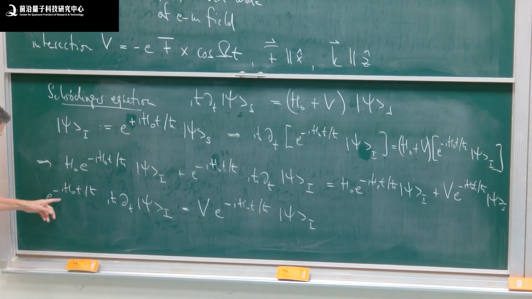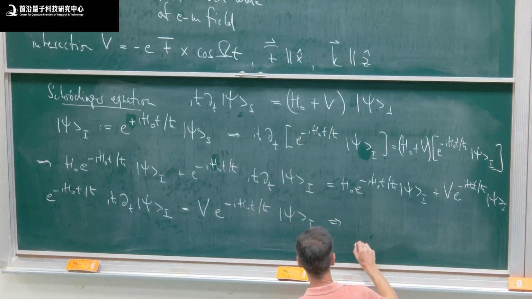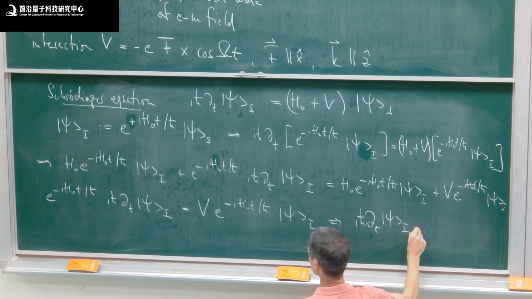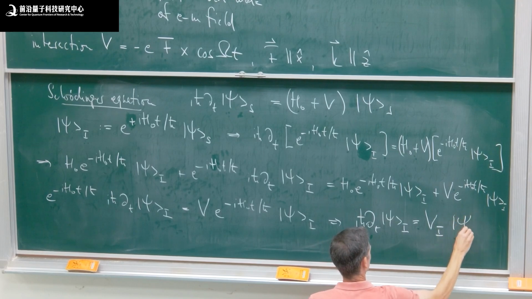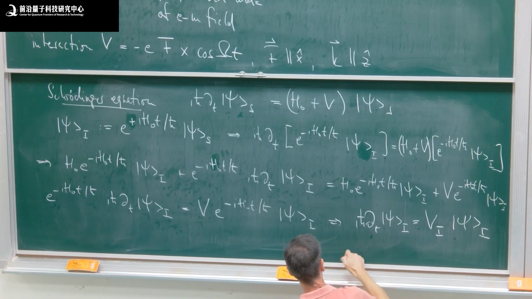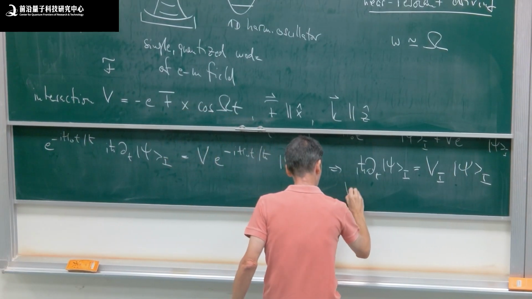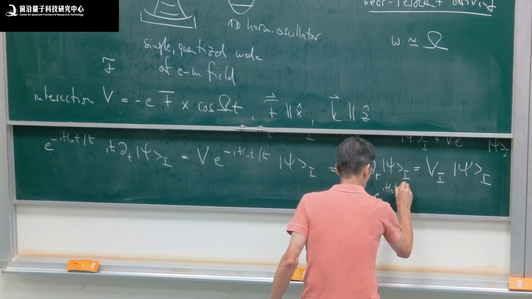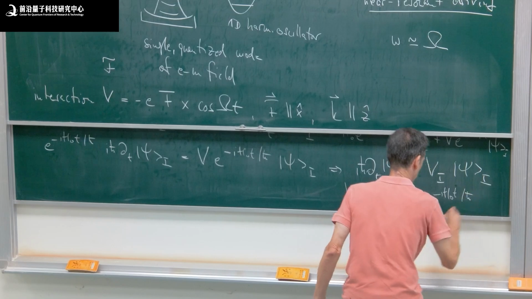And so now if I multiply from the left with e to the plus i H0 t over ħ, I get iħ ∂t psi I equals V_I times psi I, where V_I equals e to the i H0 t over ħ V e to the minus i H0 t over ħ.